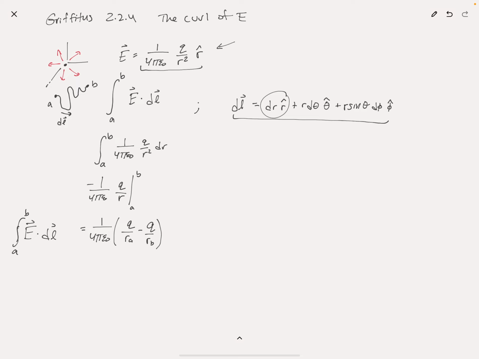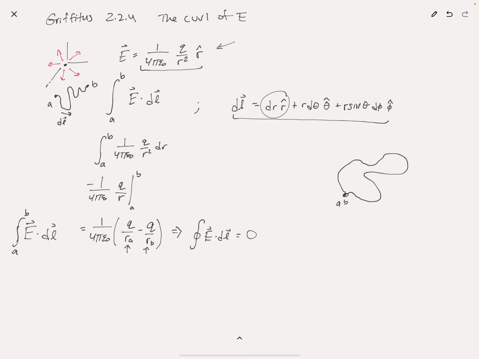Now let's imagine that we've chosen a path such that I traverse this space from A to B, except I'm going to set B to be at the same position as A. If that's true, then r_A is equal to r_B, those are the same positions, and I have a closed integral along my path, and that equals 0.